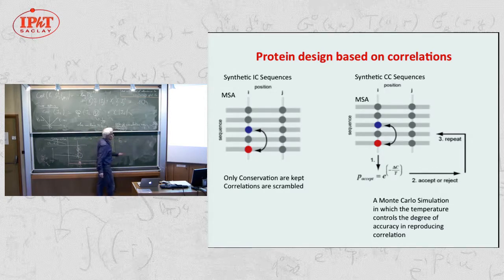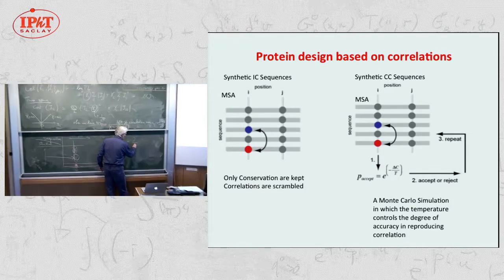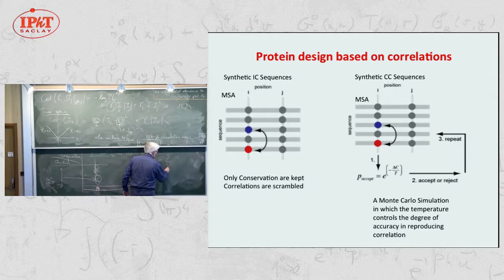Start from your multi-sequence alignment and do exactly the same step as here, but then define an energy. So what you compute, the energy, is the sum over all i and j, a and b, of the fij ab minus the fij ab in the data, squared. So it's a very empirical thing.